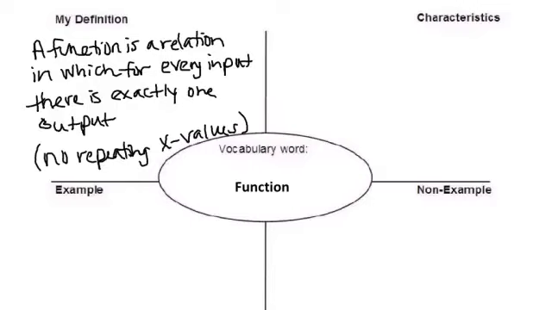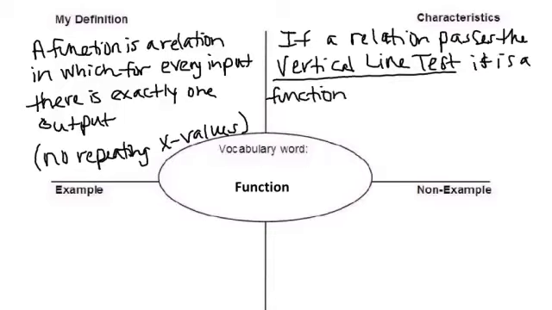So if a relation passes the vertical line test, it is a function. And we're going to talk about what that is in just a second. So again, if a relation passes the vertical line test, it is a function. So it's considered passing if when we look at the graph, every vertical line intersects the graph once.